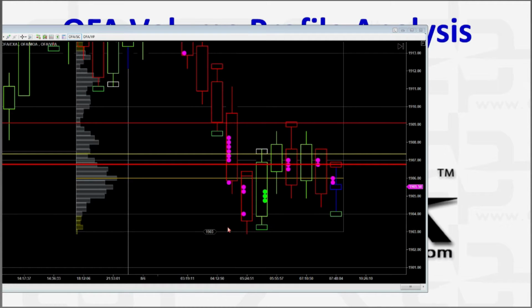I also talked about the fact, and I briefly touched on this yesterday, I don't expect anybody to remember this. Right now, the VPOC of the overnight is at 1906. There is a long-term low volume area at 1906.75.